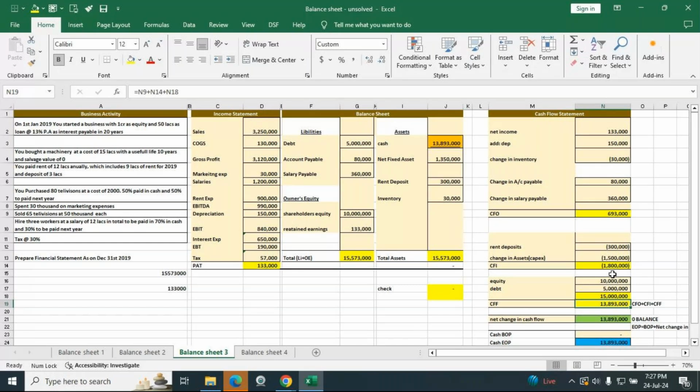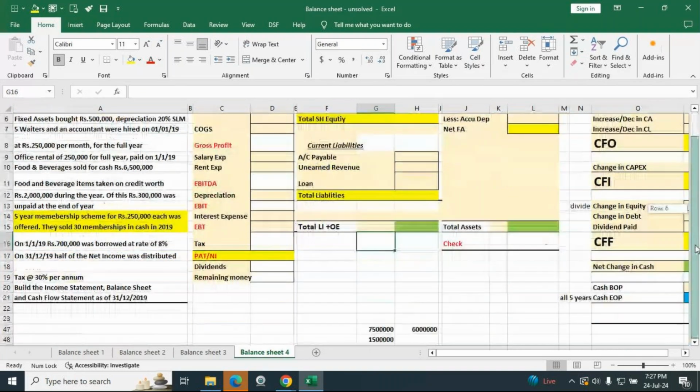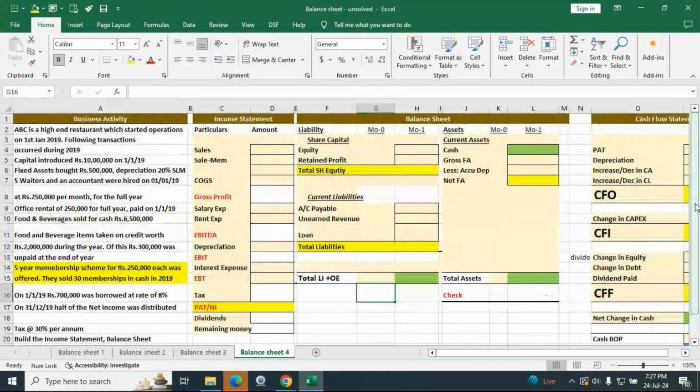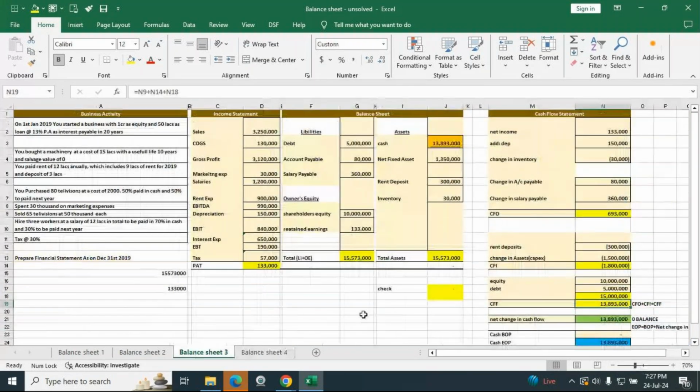So I wanted you people to try with this balance sheet 4. So balance sheet 3, any doubts? If you did not understand, never mind. I will do it from the first and I will show.